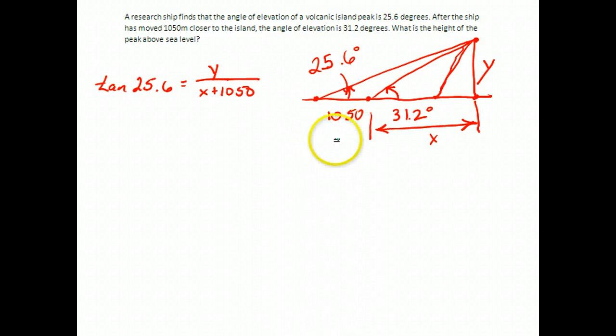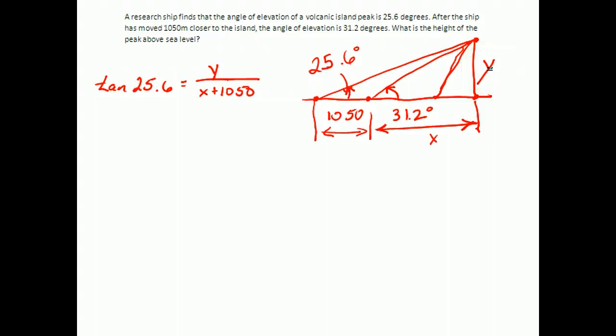The distance from here to here is going to give me x plus 1050. So that's my y over my adjacent side.